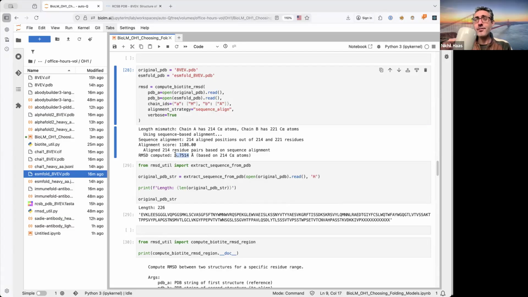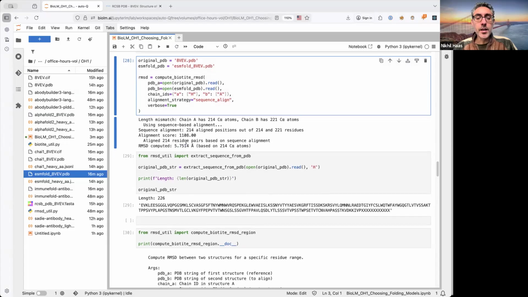Which is pretty big. All right. So if we do an RMSD of the ESMFold structure prediction against the original IgG's heavy chain, we get an RMSD across the full sequence of 5.75.